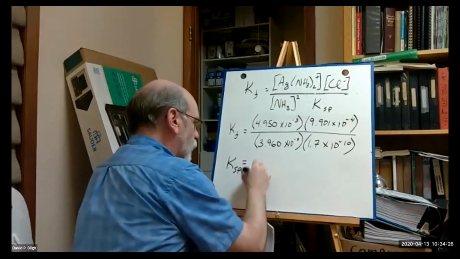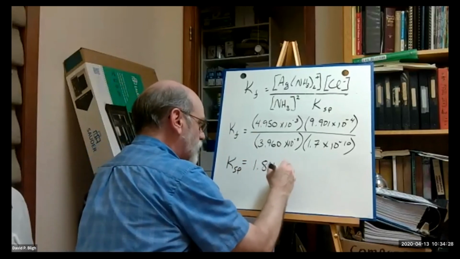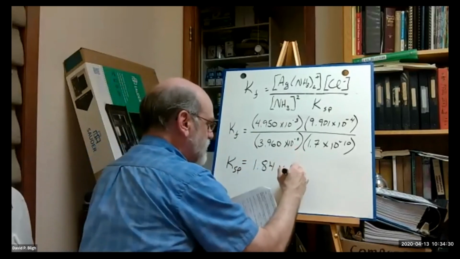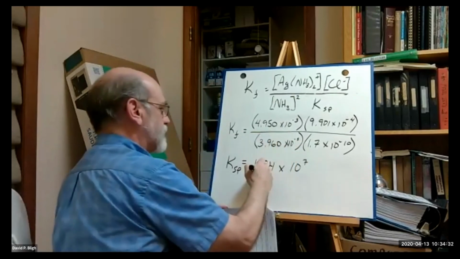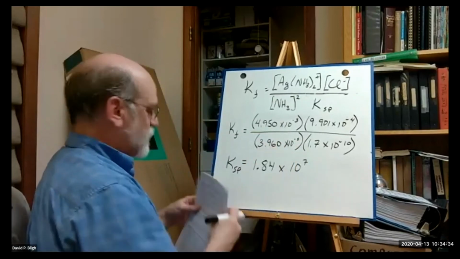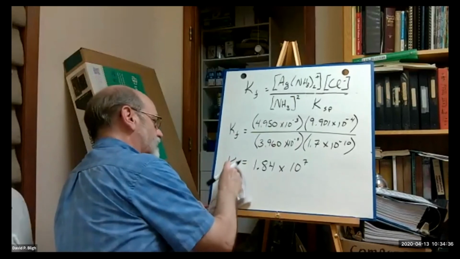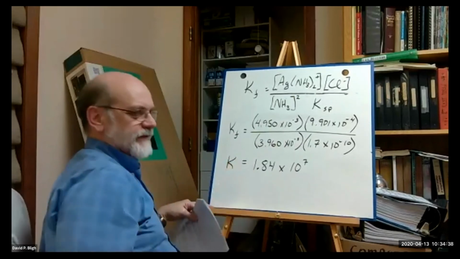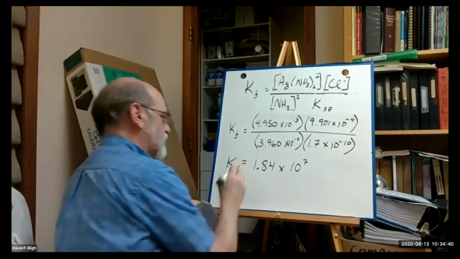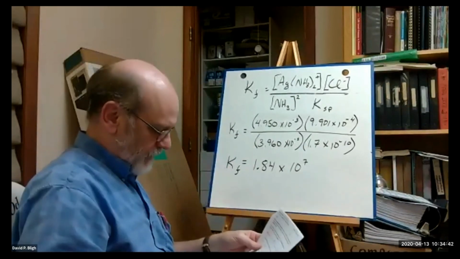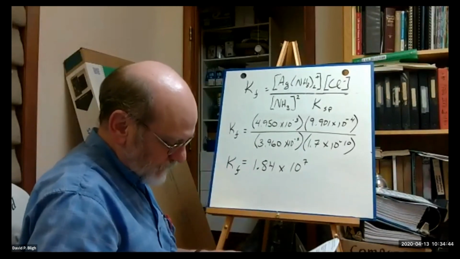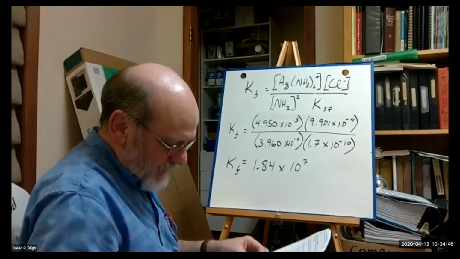We end up with 1.84 times 10 to the 7th. Oops. That's not right. Formation constant. All right. So we got that value.